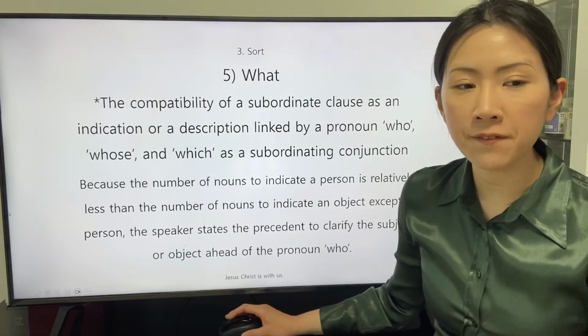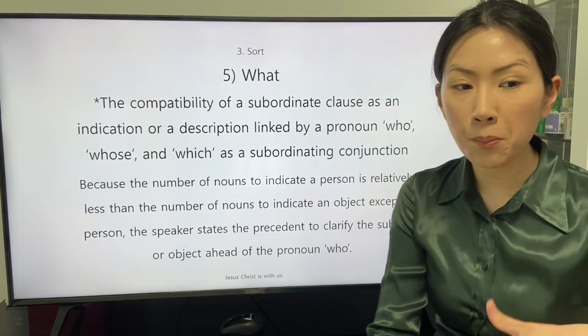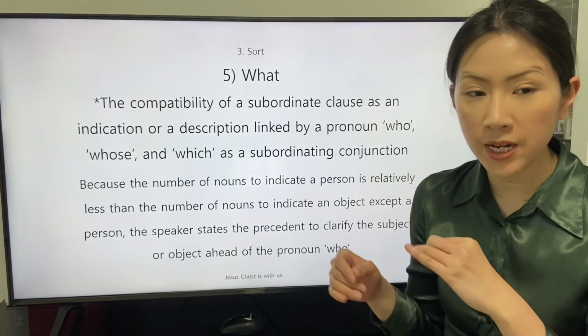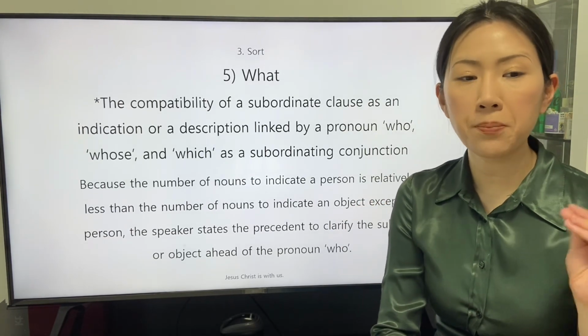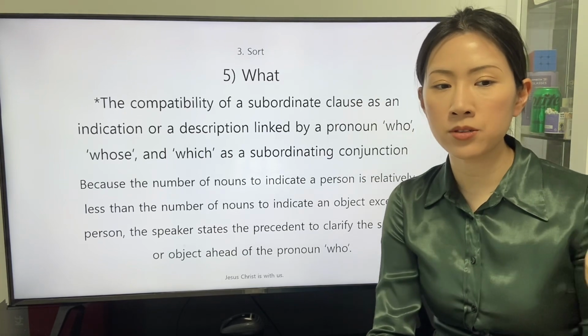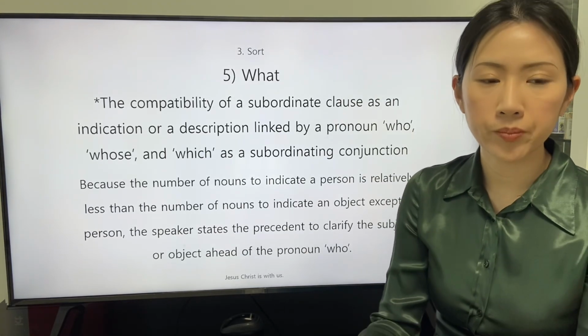Because the number of the nouns to indicate a person is relatively less than the number of nouns to indicate an object except a person, the speaker states the precedent to clarify the subject or object ahead of the pronoun who.